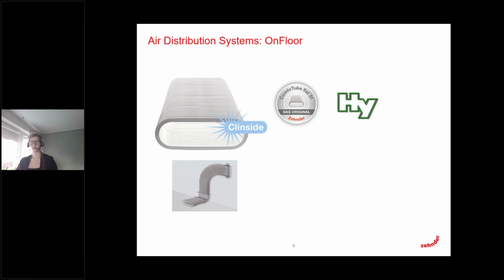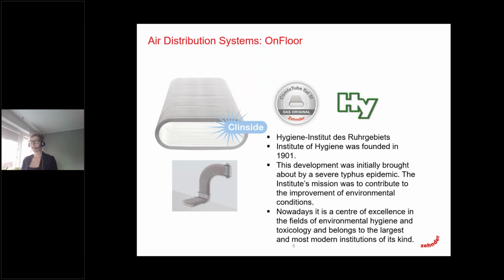But in addition to this, we have also applied for some certificates for our tubes, to have confident proof that the tubes are hygienic. The Hygiene Institute des Ruhrgebiets, the Institute of Hygiene, was founded in 1901.